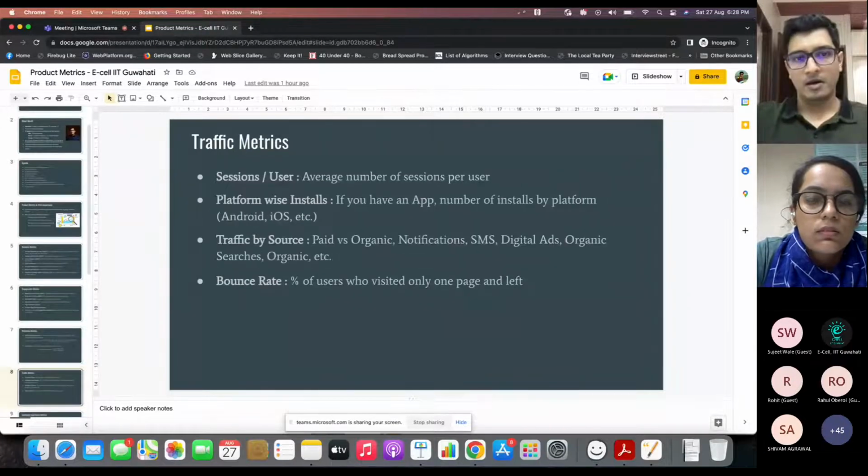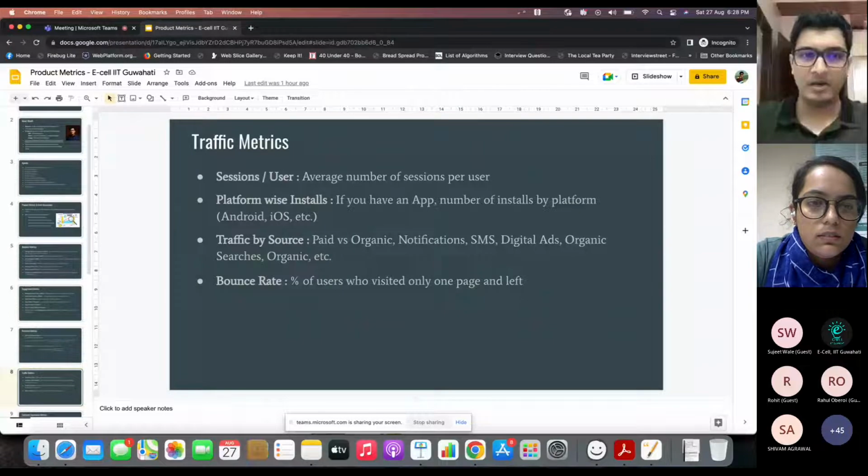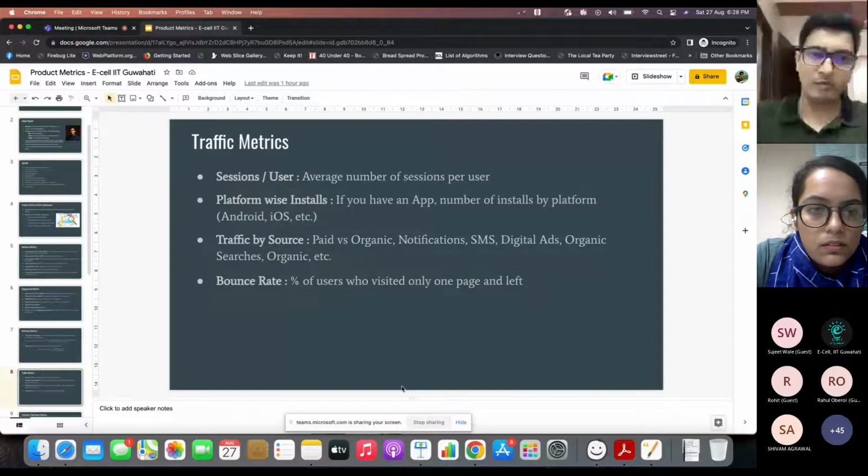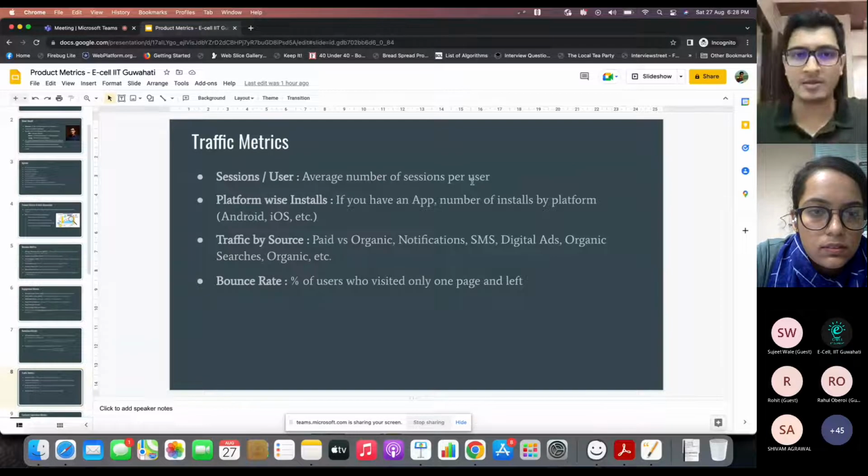Then moving on to traffic metrics, right? Traffic is basically how many users or how many sessions are being done on your app. There are a bunch of initiatives that you run to bring traffic to the platform. One key metric is sessions per user, for a given duration. It could be on a daily basis or on a weekly basis, right?